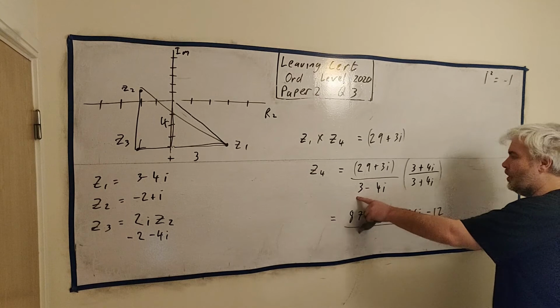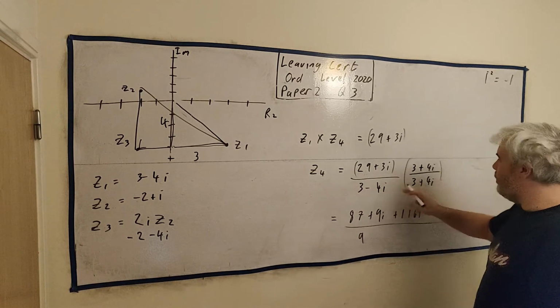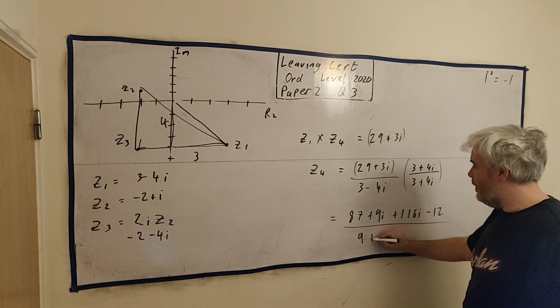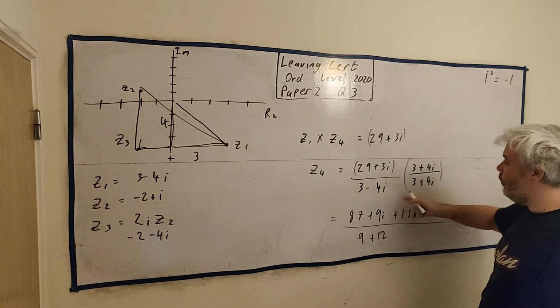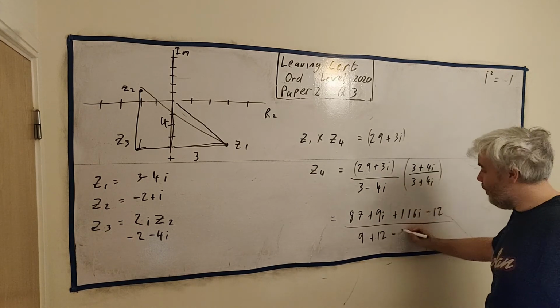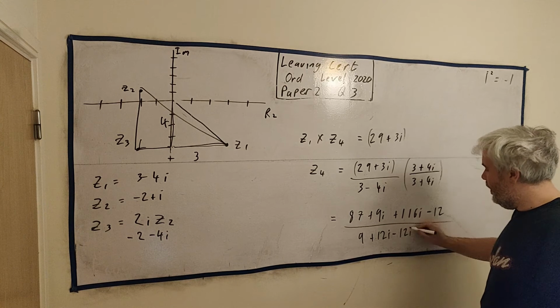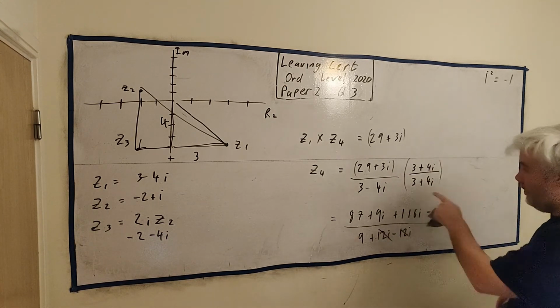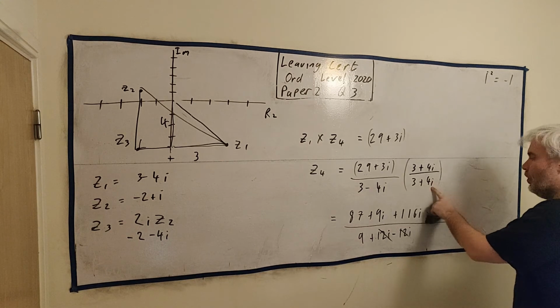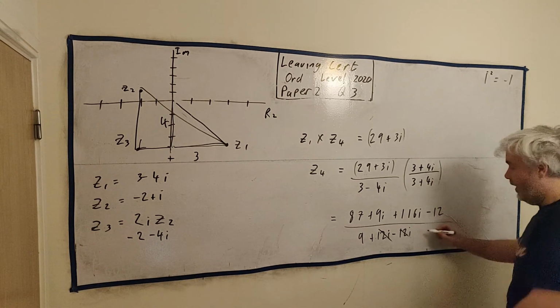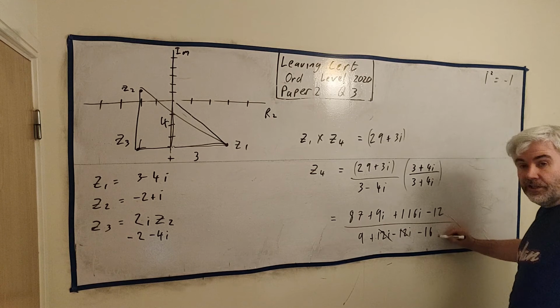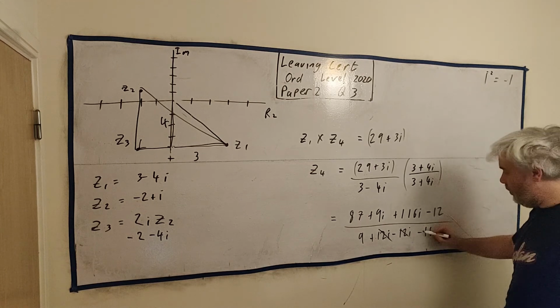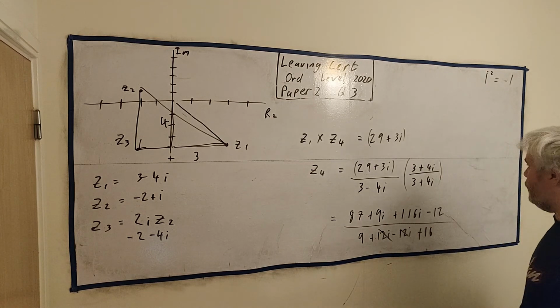The bottom row becomes 9, 3 by 3. 3 by 4i is 12i, minus 4i by 3 is minus 12i. They cancel. Now, it's okay not to write them because you knew they were going to cancel. Minus 4i by plus 4i is minus 16i squared. i squared is minus 1, so it just changes it to a plus.